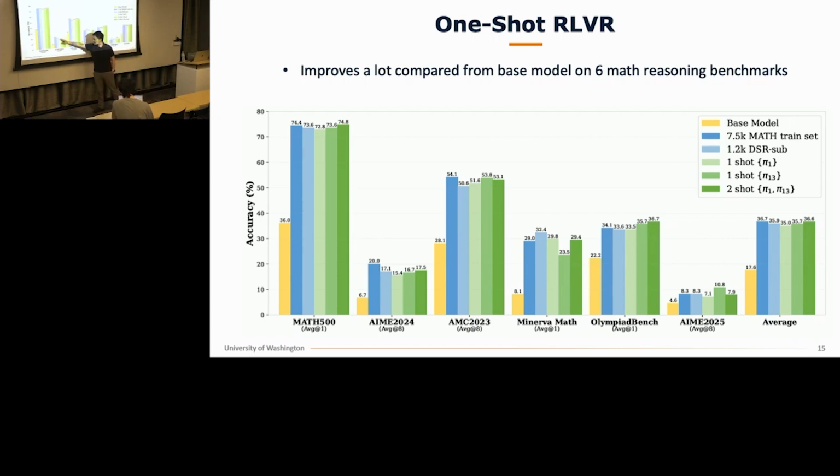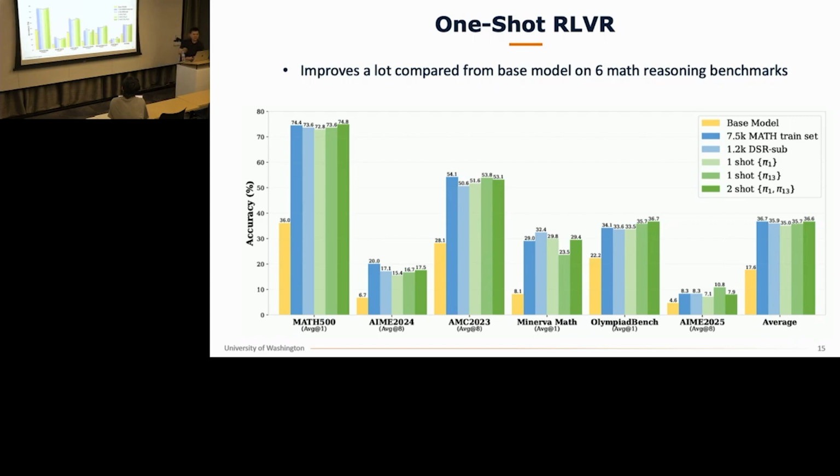There's 20%, you can get 70.5%, but sometimes you can get better. On average, all of these methods, using different data to train, get very similar performance.